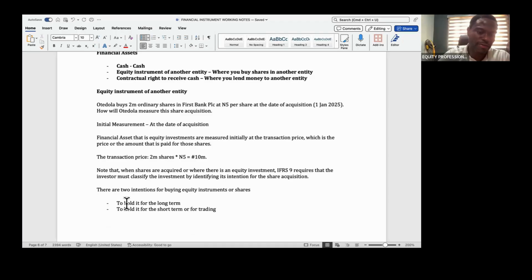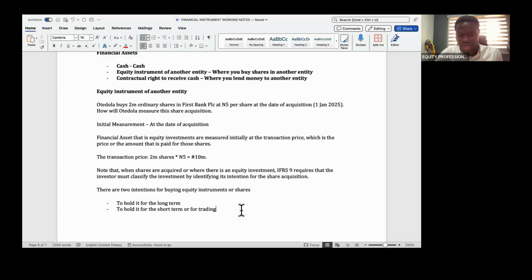Either you want to hold it for the long term or you want to hold it for the short term. You need to immediately identify that first, because the standard requires that you must classify the investment. It's important for us to know, because buying shares is different from buying equipment. When you buy equipment, everybody knows that you want to use it to manufacture for a very long time.